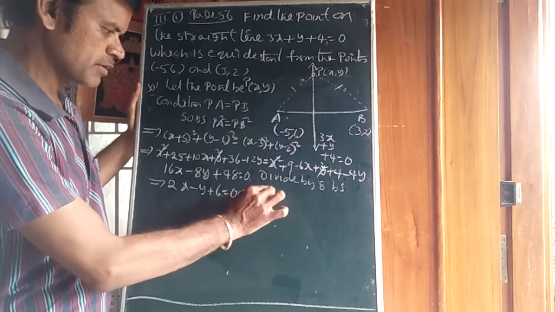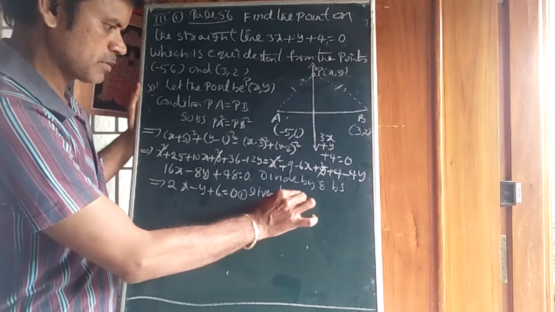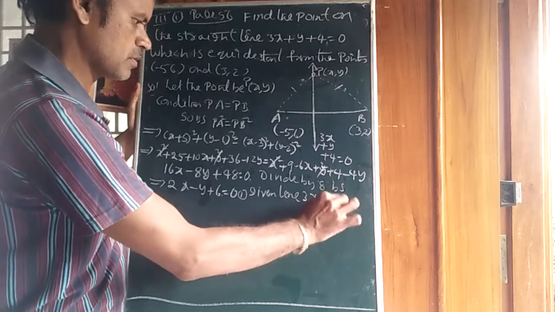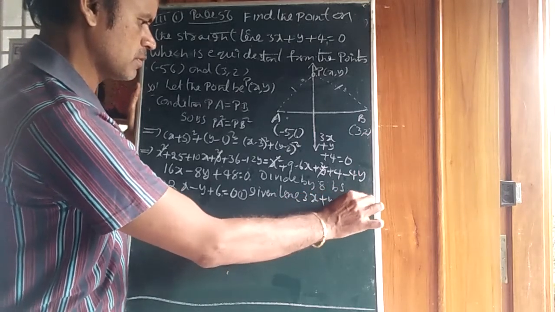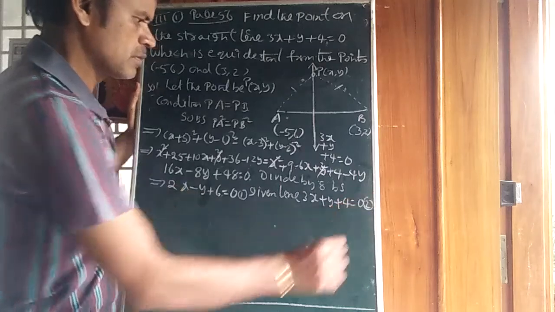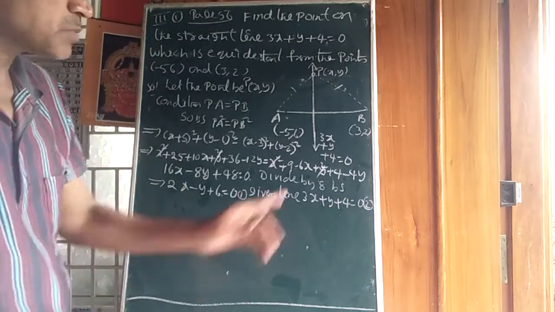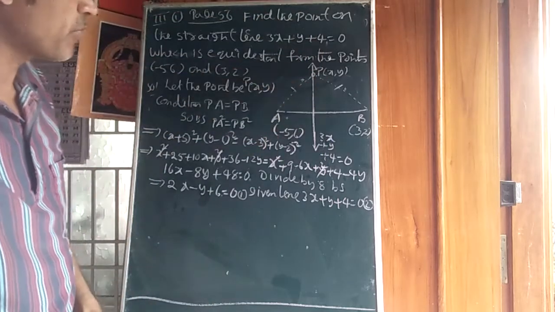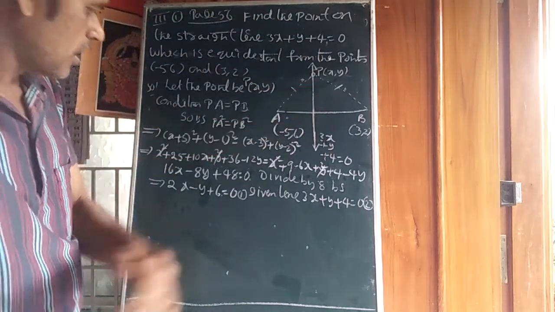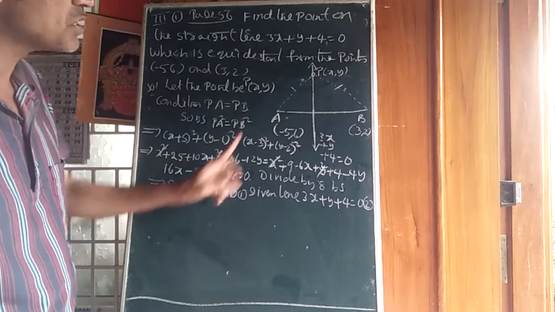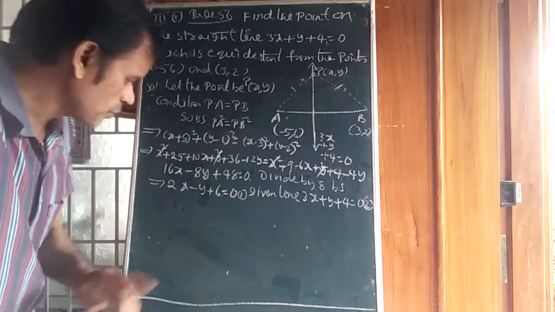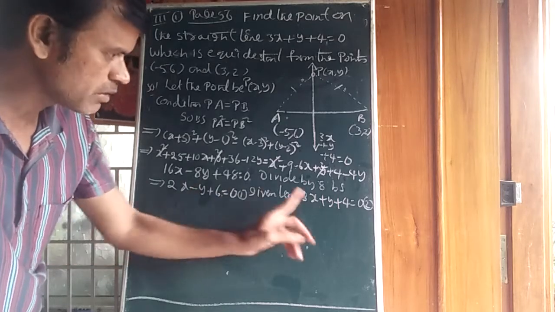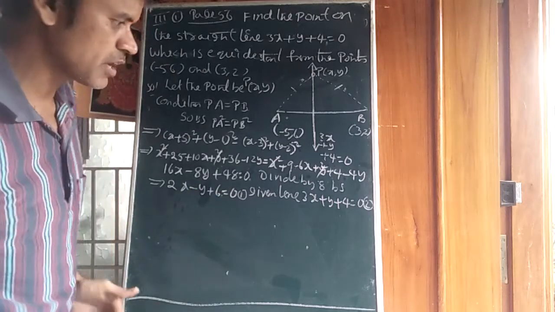Next, the given line: 3x plus y plus 4 equal to 0. If this is the given line, whatever the point we are expecting, x comma y, lies on the line itself. Using this equation PA equal to PB, we got the equation 2x minus y plus 6 equal to 0. Then by solving the first equation and second equation, we will get the answer.